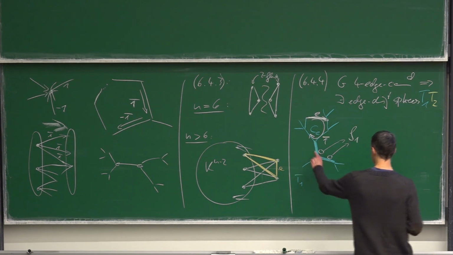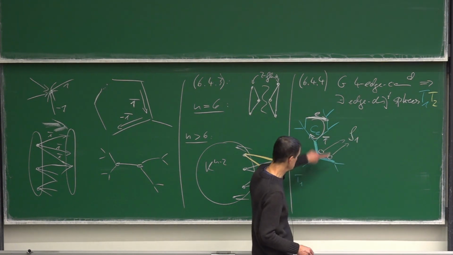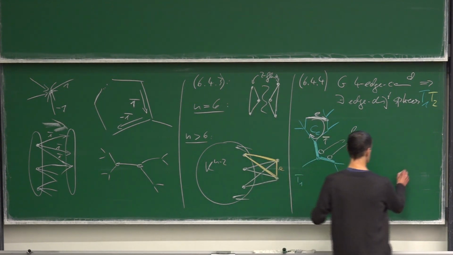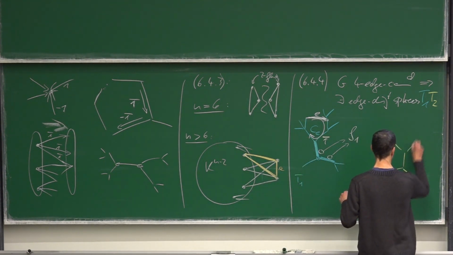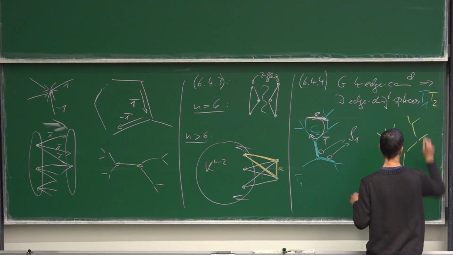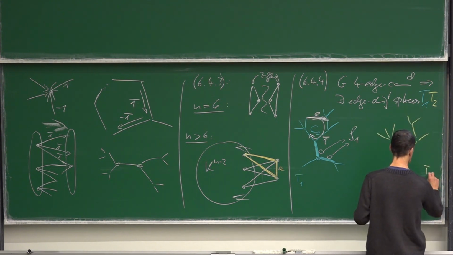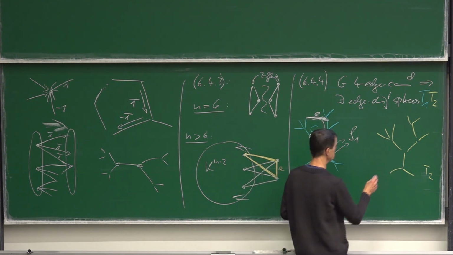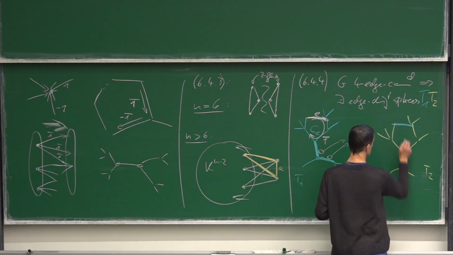And since they're on T1, they're not going to be on T2. So here's T2. So these blue edges here are going to be chords of T2 somewhere, don't know where.